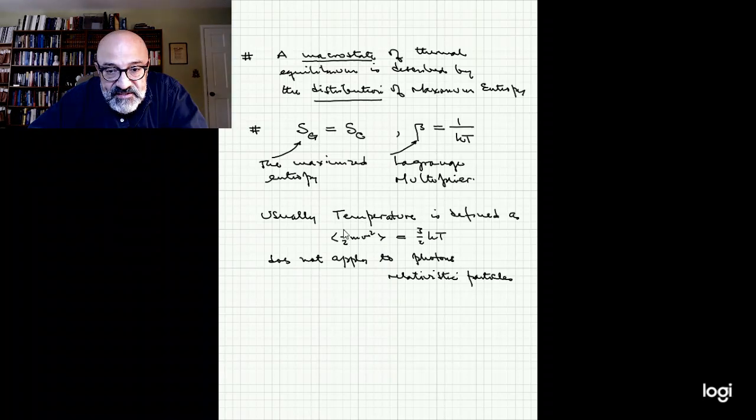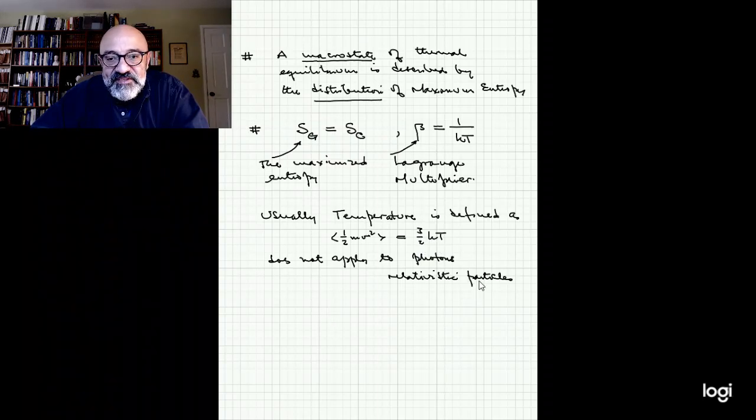The fact that what enters here is the kinetic energy has to do with the fact that you have a degree of freedom, momentum, that enters quadratically, and therefore that's what's going to give you, when you do the expected values, 3/2 1 over beta.